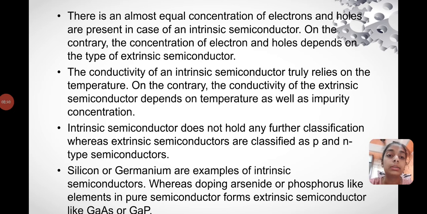The intrinsic semiconductor does not hold for any further classification, whereas extrinsic semiconductors are classified as p-type and n-type. Silicon or germanium are examples of intrinsic semiconductors, whereas doping arsenide or phosphorus like elements into pure semiconductors forms extrinsic semiconductors like gallium arsenide or gallium phosphide.